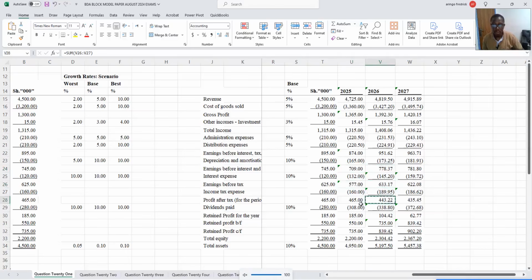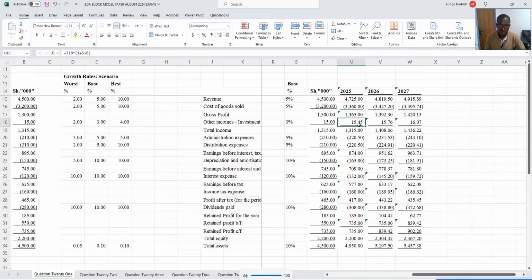It will save us time. So we have our total here. We have our total at this point. So this is what we should be having on that case. These are what we should be having at that point.